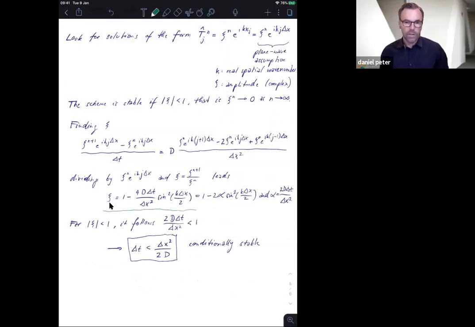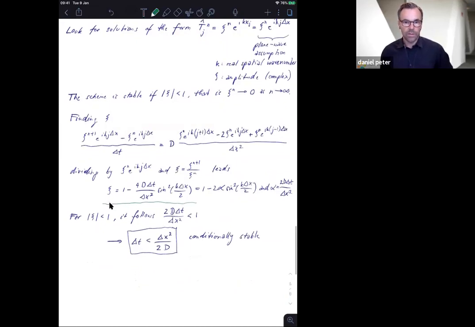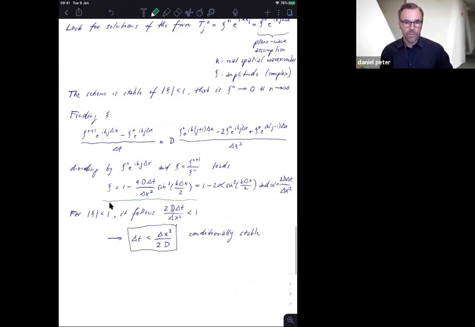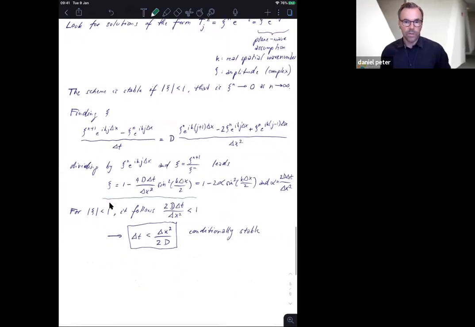And in order to simplify a bit to see what the condition would be for it to be smaller than 1, we can just rewrite it a little bit in this form. And alpha just makes it a bit more convenient to see that at the end it depends on this coefficient alpha.